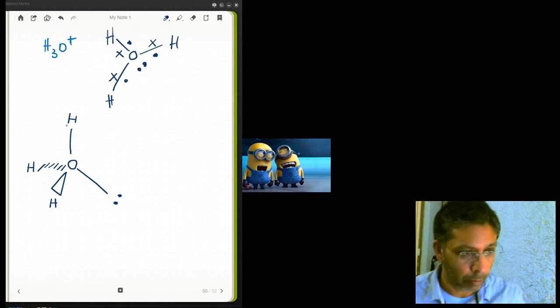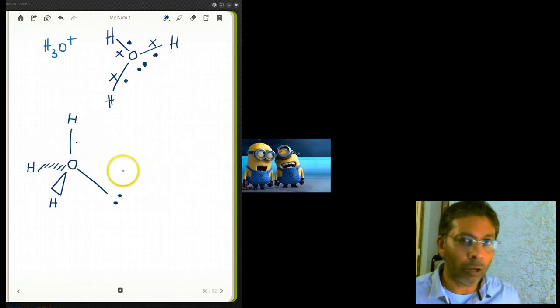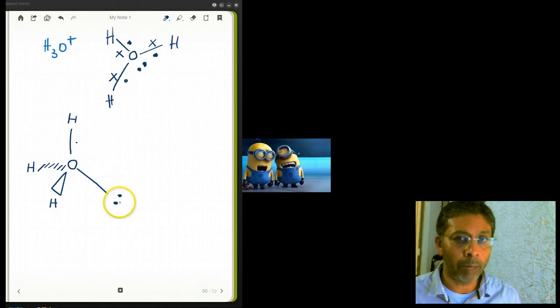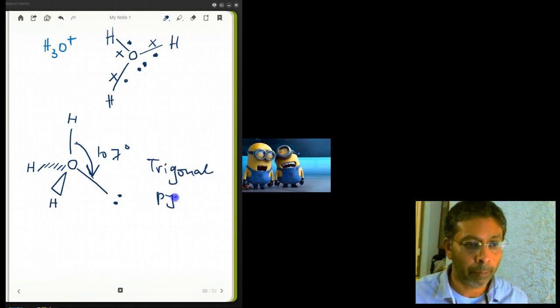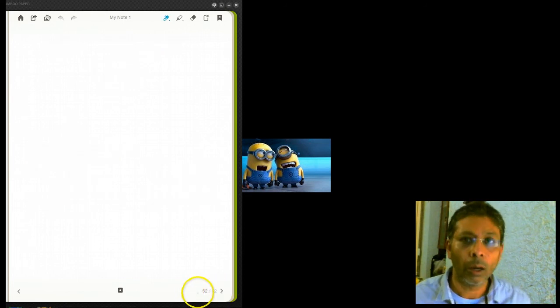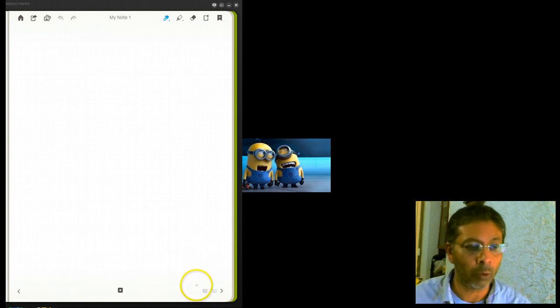So the bond angle here will be, remember, if it's tetrahedral, it's 109.5 degrees. One lone pair will reduce that 109.5 to 107 degrees. So 107 degrees, and it is a trigonal pyramid shape. Okay, and that gives you an idea of how to tackle drawing shapes and working out what it looks like and what the bond angles are.